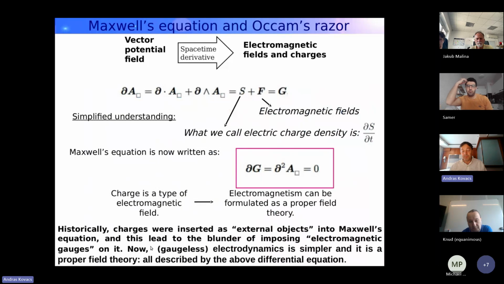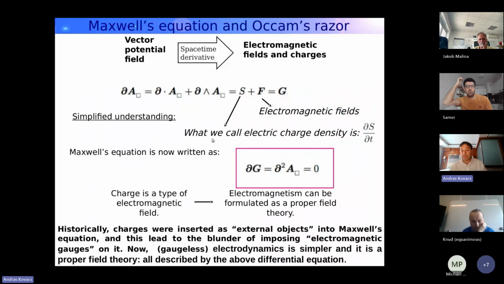But now we do not have to put in by hand any charges, because what we see is that gaugeless electrodynamics is a simplified theory, and it is a proper field theory because the electromagnetic fields we work here contain the term for the charges as well.